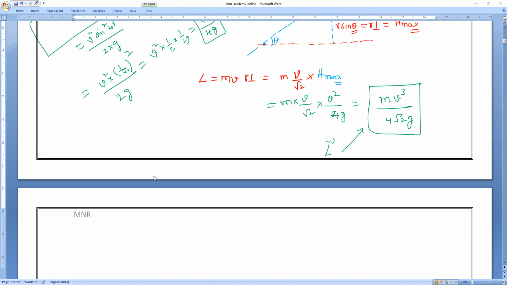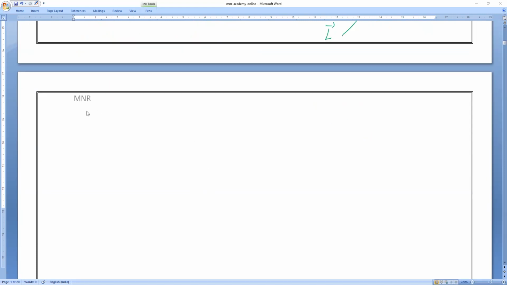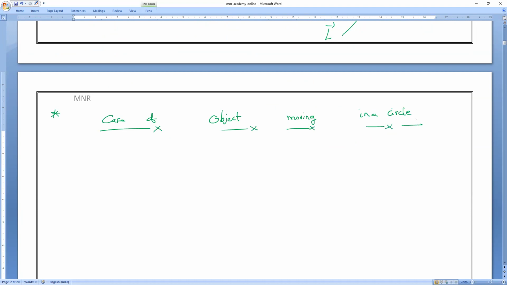In the case of an object moving in a circle, like a small mass m moving in circular motion, what will happen? So it is the case of an object moving in a circle.